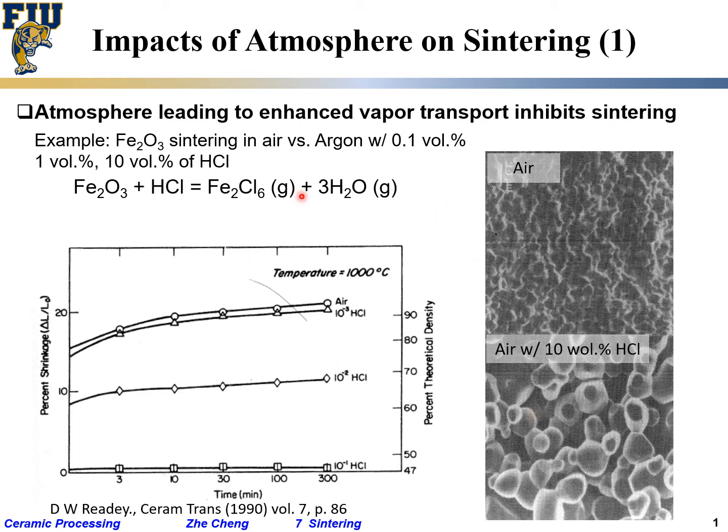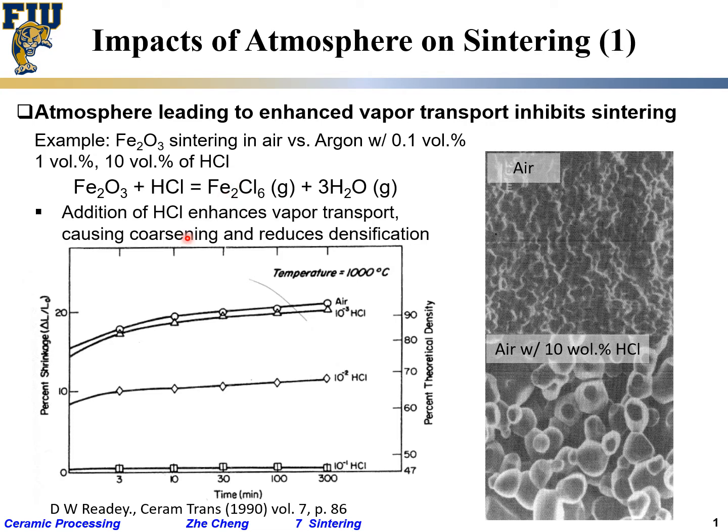And actually, we are etching. Do you see what I mean? In a way, when you have HCl here, you are etching away iron oxide. Etching, removing iron oxide. Of course, you cannot expect it to be dense. Make sense? Addition of HCl enhances vapor transport, and to me, it's also etching and causing coarsening and reduced densification.